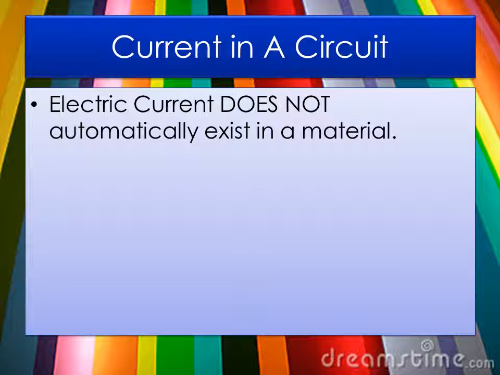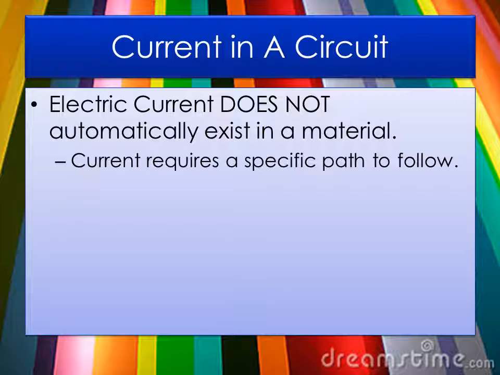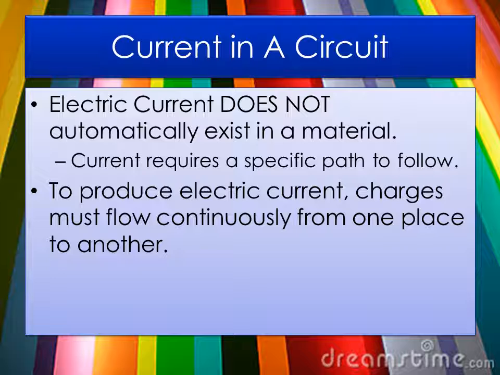All right, so current in a circuit. Electric current does not automatically exist in a material. Current requires a specific path to follow. To produce electric current, charges must flow continuously from one place to another.